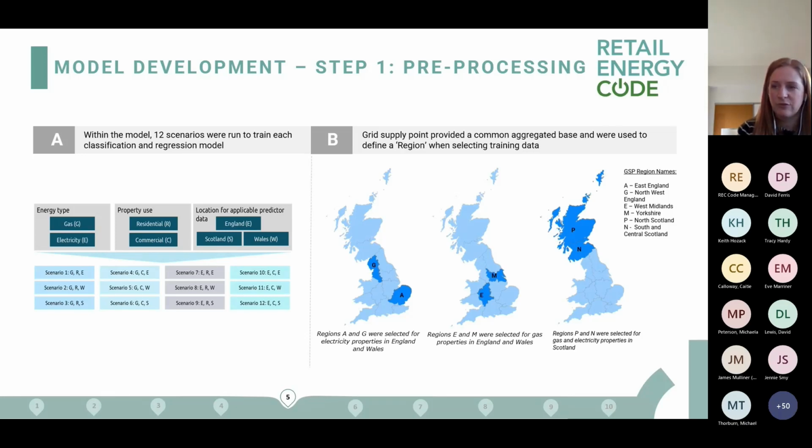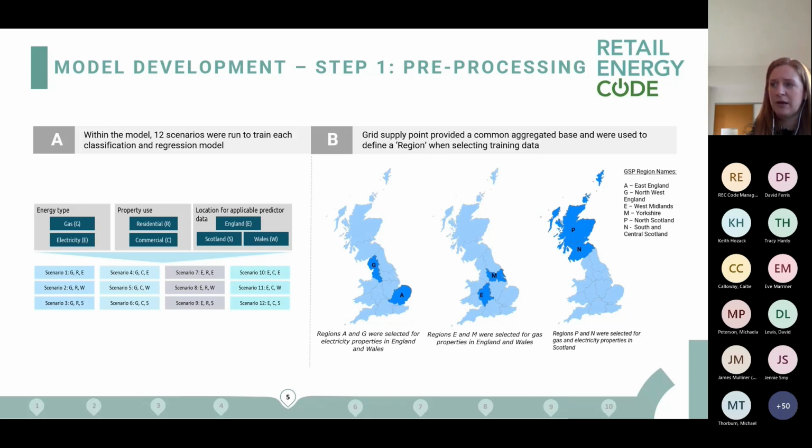There were clear differences coming out through those in the hypothesis testing for some of the aspects, and also just the available data that we had. Some of the data types and descriptions were slightly different for Scotland than they were for England and Wales, so we had to separate them out. So we ended up with 12 scenarios that we were running through the model to train.